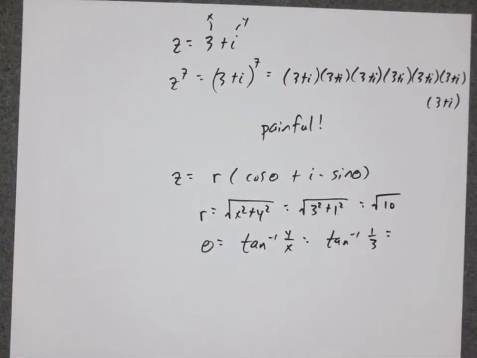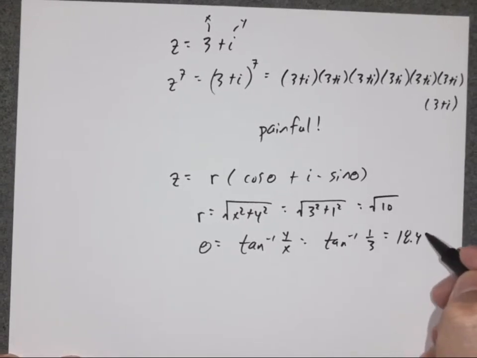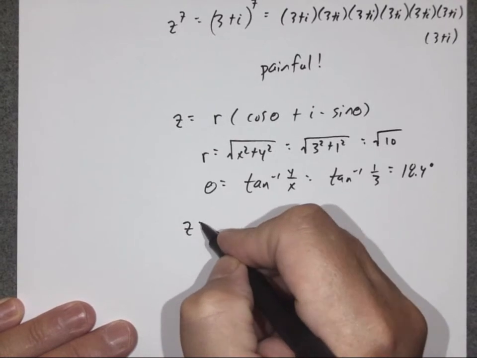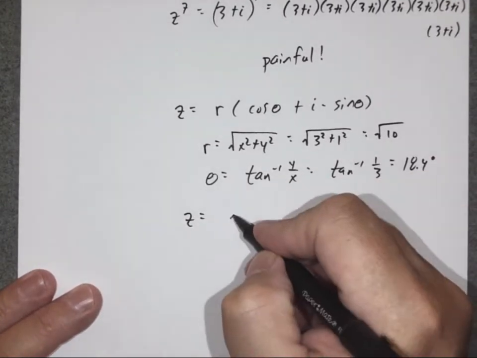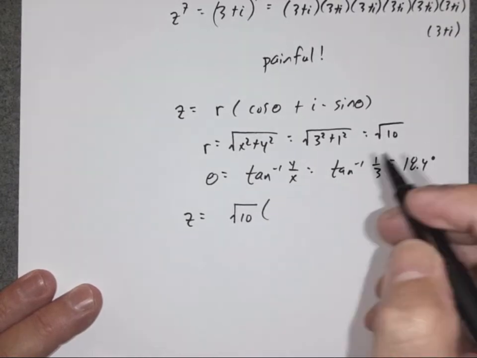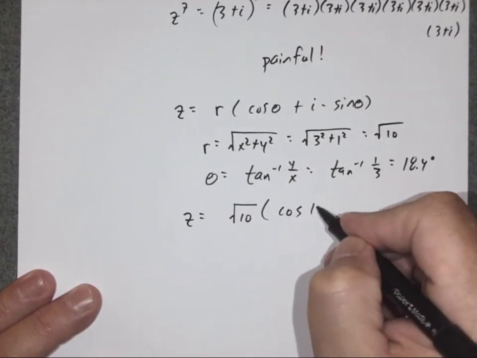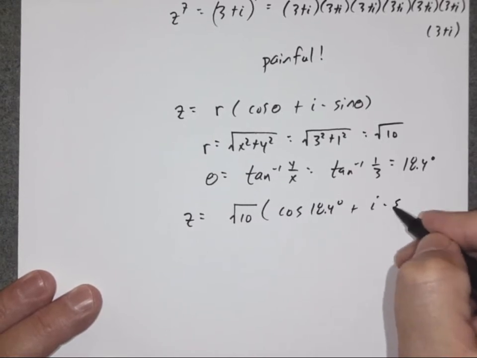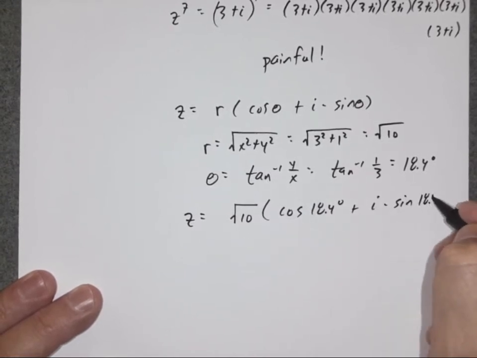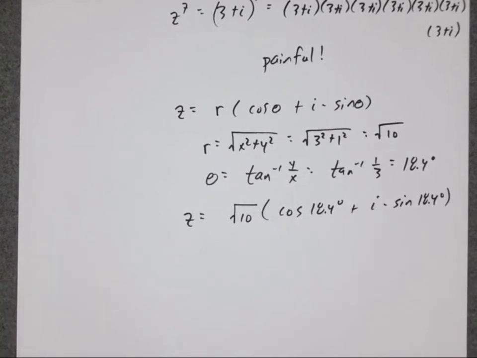I think we've actually done this before. So 1 divided by 3, inverse tangent, 18.4 degrees. So now z, written in polar coordinates, is going to be r, the square root of 10, cosine of 18.4 degrees plus i sine 18.4 degrees.